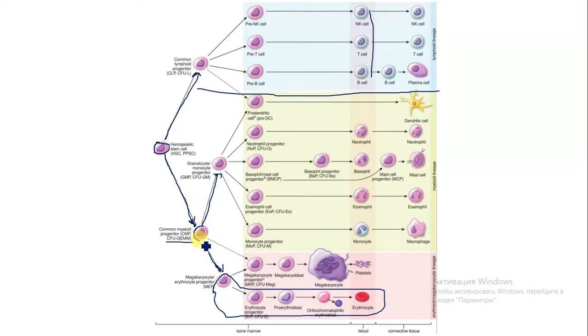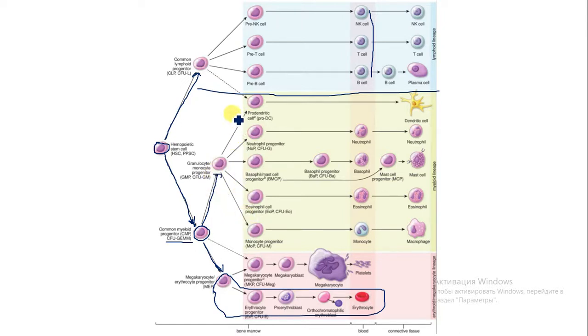The myeloid progenitor gives rise to the granulocyte monocyte progenitor and the megakaryocyte erythrocyte progenitor. The granulocyte monocyte progenitor gradually develops into 4 or 5 cell lineages: neutrophil progenitor, basophil progenitor, eosinophil progenitor, and monocyte progenitor.